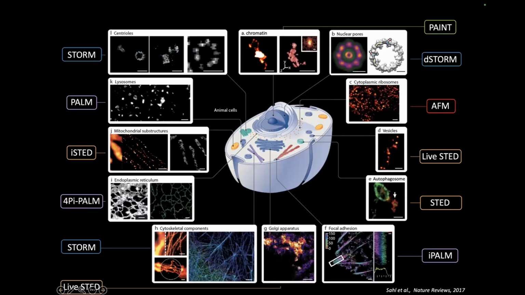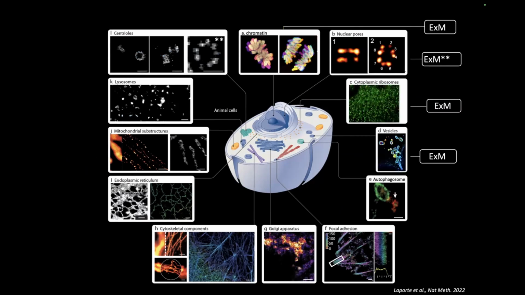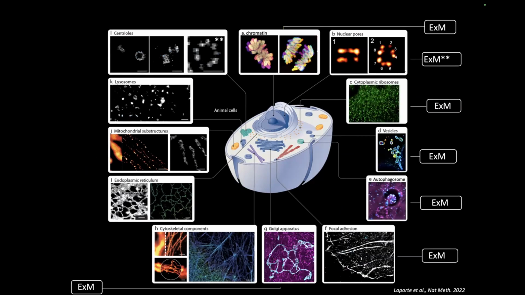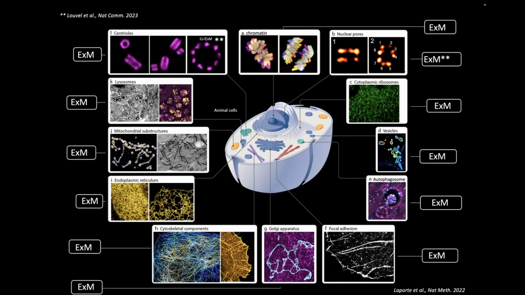And I think the power of developing this technique was also that if you really look at all of these images that are acquired with different super resolution modalities, now with expansion, we could see that it's feasible to see all of this same organelle or compartment with only one technique, with just slight modifications.